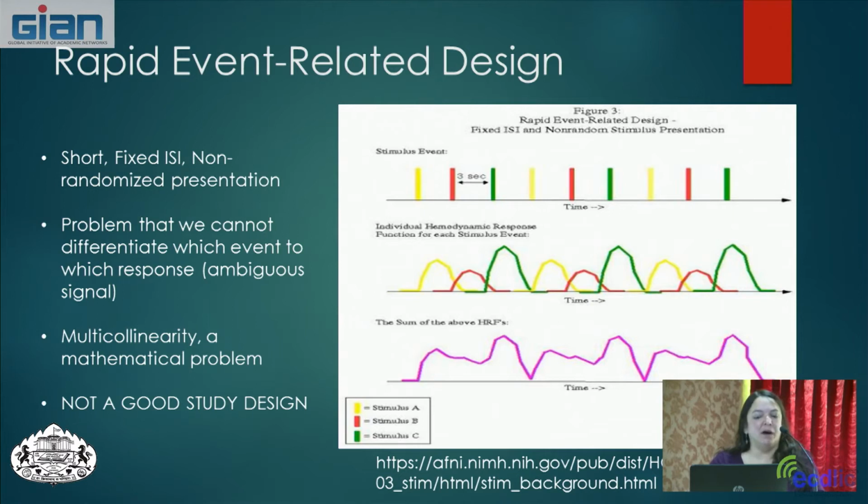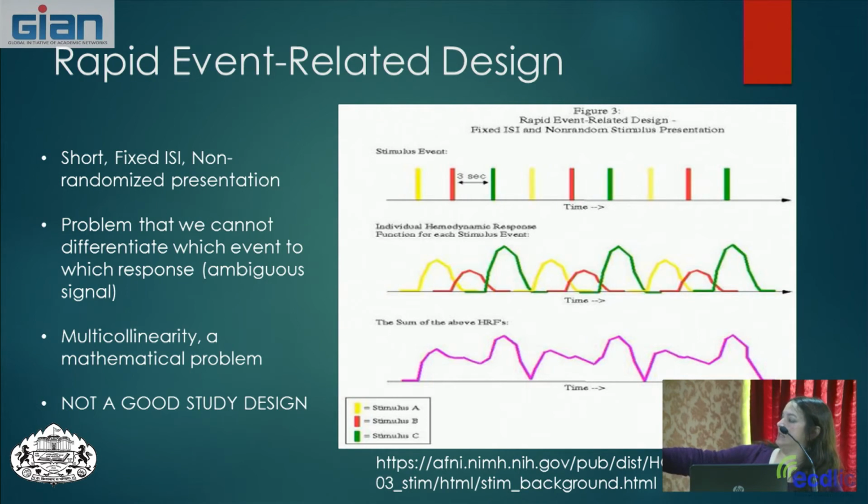So people came up with these rapid event-related designs. To do this, they shorten the interstimulus interval, and in this case here, we're showing this interstimulus interval is non-random. We're having a stimulus occur every 3 seconds here. The problem with this now is that we're having these BOLD signals that come up.